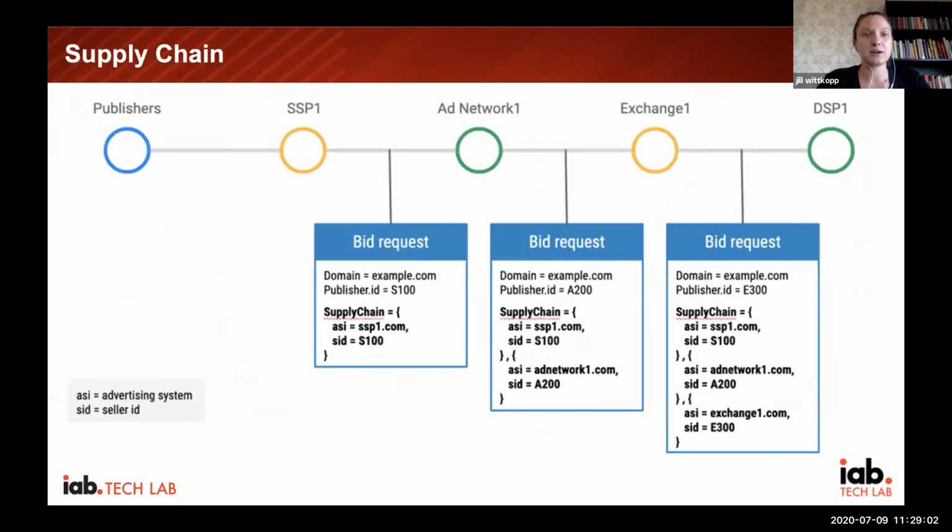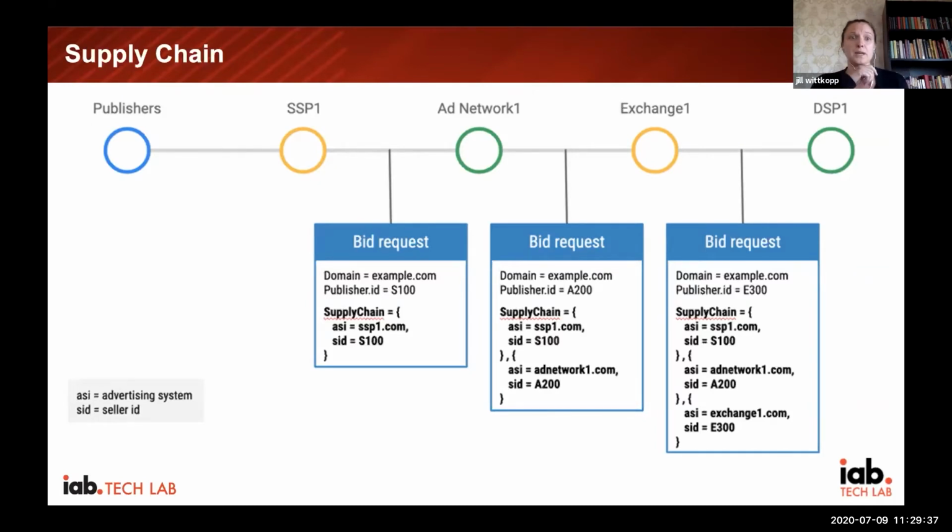Next slide, please. And I think that's where the supply chain object really shines, because what it can do, as illustrated here, is with each hop, as we call them, between publisher and DSP, each partner there is able to insert their relevant information into the bid request through the supply chain object, so that by the time you get to the DSP making the purchase on behalf of the buyer, you have a complete history of who's participated in that sale.